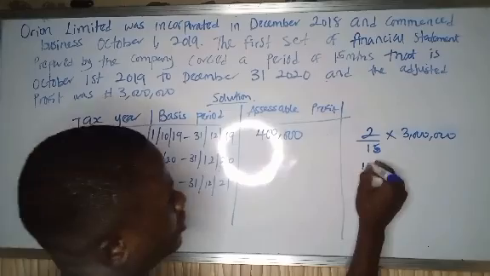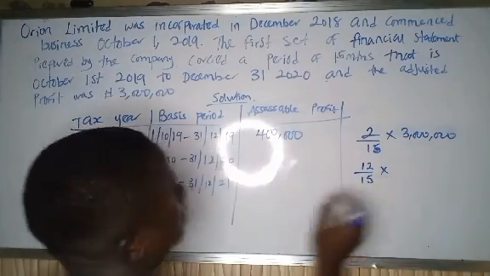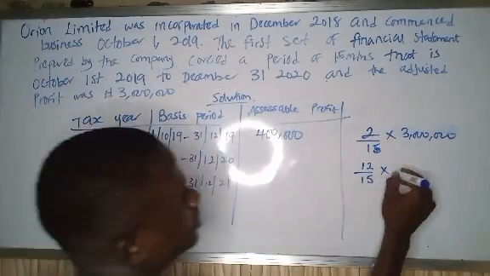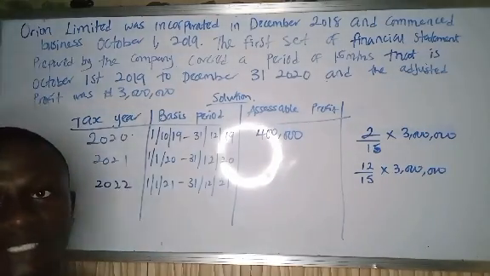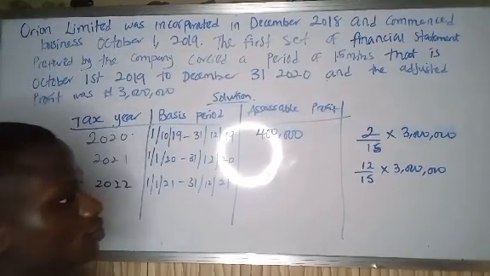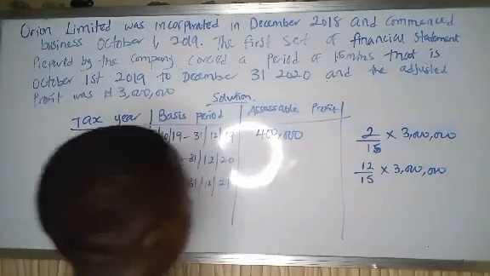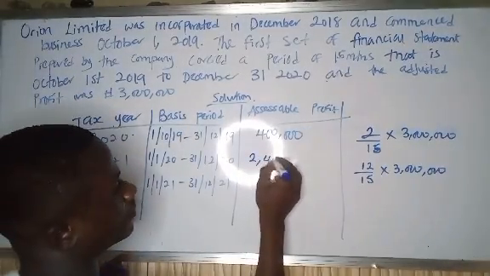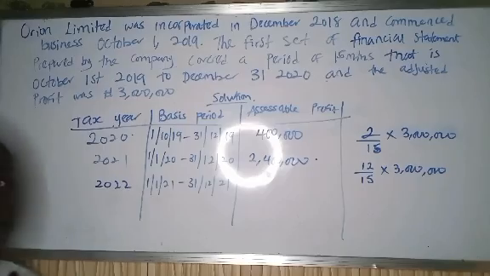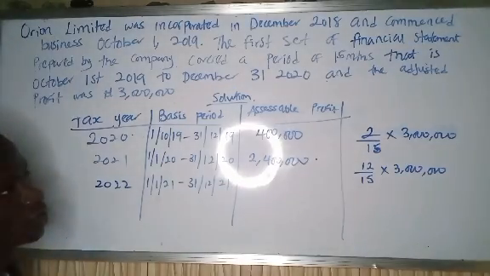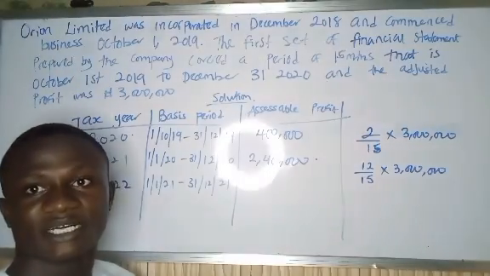So 12 over 15 times 3 million naira. So 12 over 15 times 3 million, that will be 2,400,000. So this is 2,400,000 for this year.